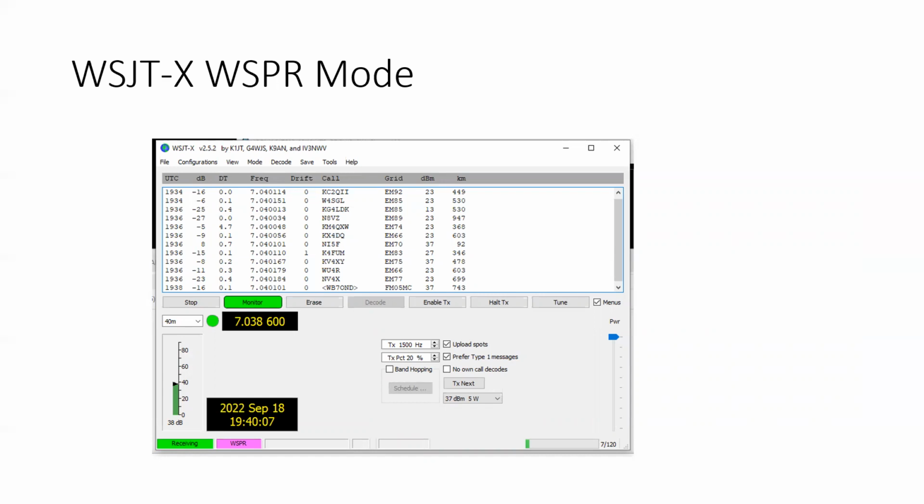I found out that it puts them in a log called all whisper or whisper all. And so I had a log of what happened. And in that log, there were decodes of both beacons. But for some reason, the global database ignored N4KGL.